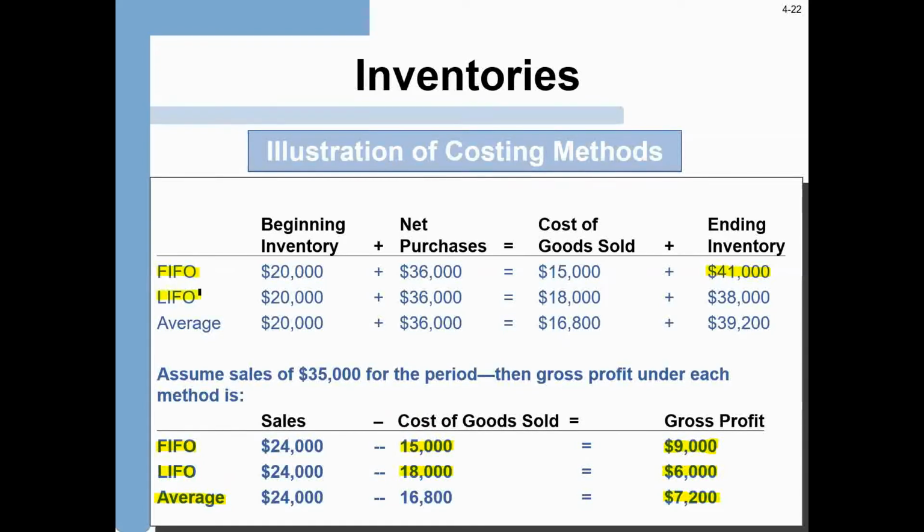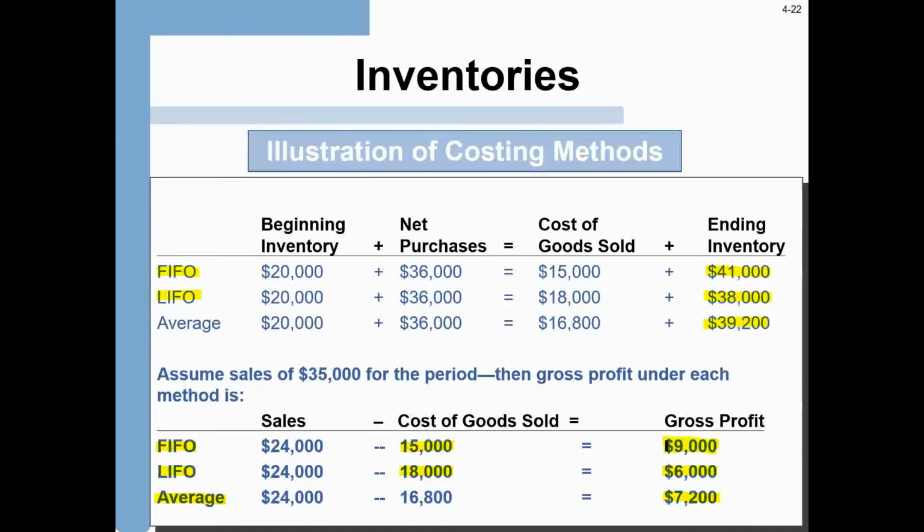When we are using LIFO, we are reporting fewer assets. And when we are using the average, it is in between these two. Now, because the FIFO method is reporting more inventory in terms of dollars, more profit in terms of dollars, this 9,000 is more as compared to LIFO and weighted average.